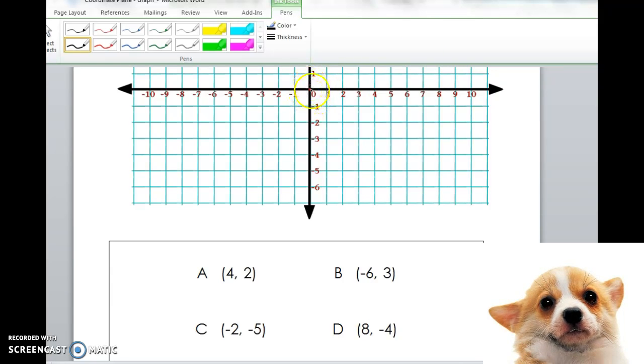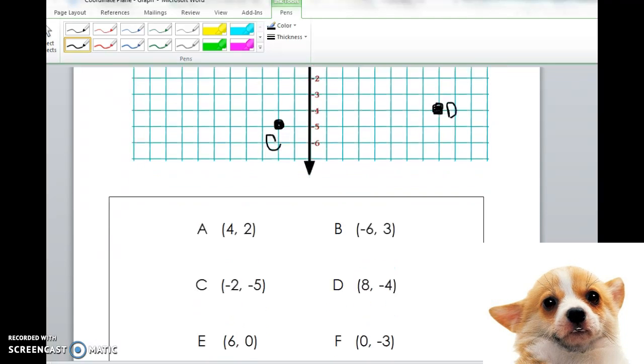I'm going to start at my origin, go over -2, down -5. Graph my point, and I'm going to label it C. And then D is (+8, -4). So I'm going to go +8 on the x-axis, -4 on the y-axis, and I'm going to call this D.